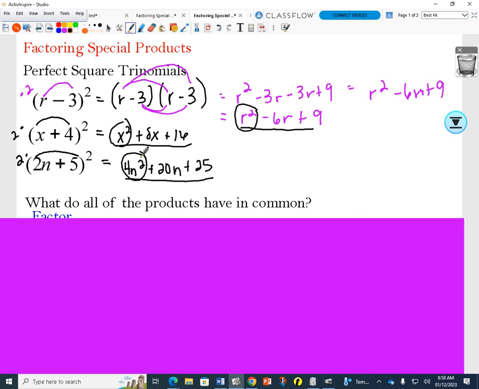They all have a perfect square last term, which means that it's going to be positive, by the way. It can't be a perfect square if it's not positive. And the middle term for all is 2 times the product of the terms in the binomial, right? That's what they all have in common. That's how we multiply those with this shortcut.